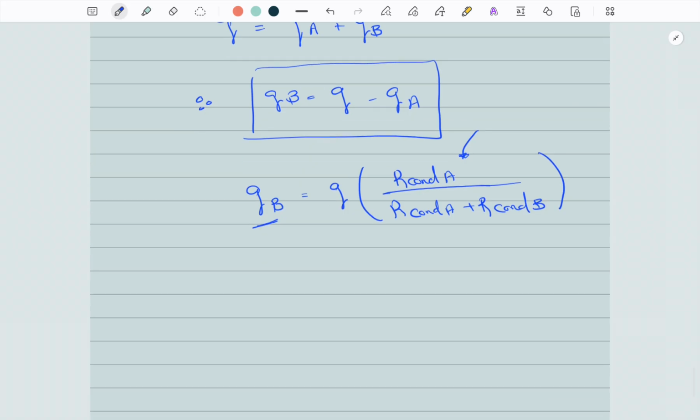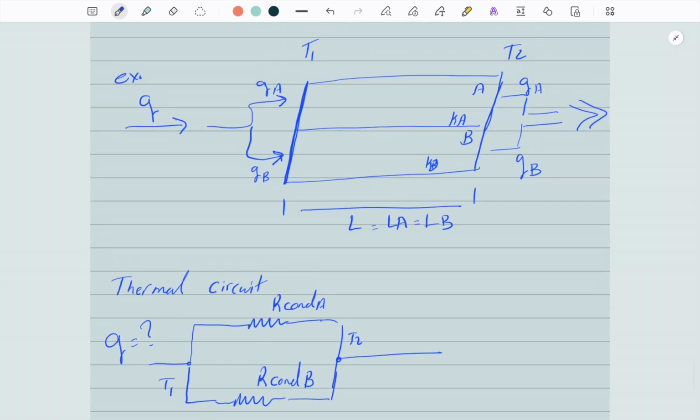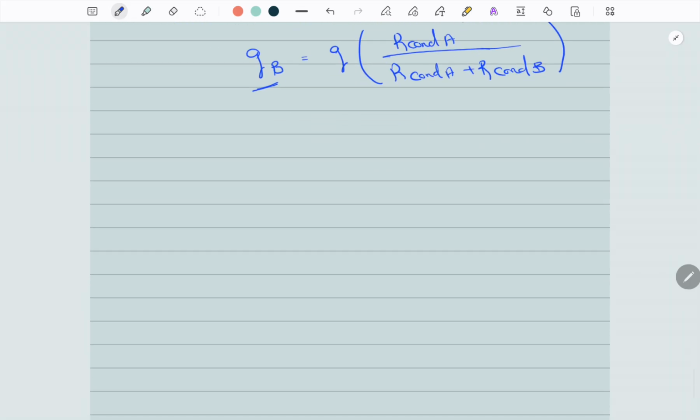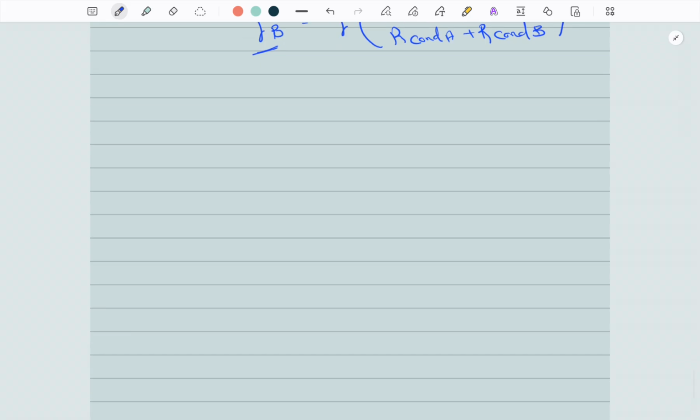Now we're going to do the same example, but what we'll do differently this time is introduce convection to both sides, which makes sense because both sides are exposed to air. So we'll do the second example. Same composite wall with two materials in parallel. That's material A, material B. Each material has its own thermal conductivity.